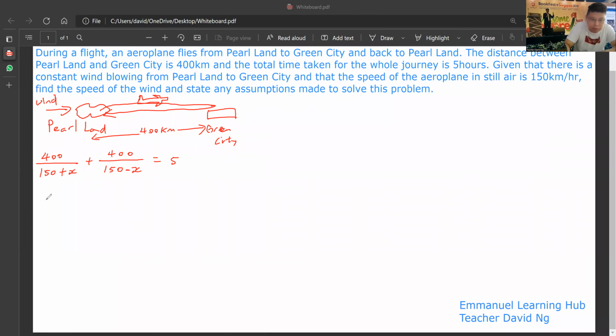To solve this equation, I'm going to multiply every term by this expression.